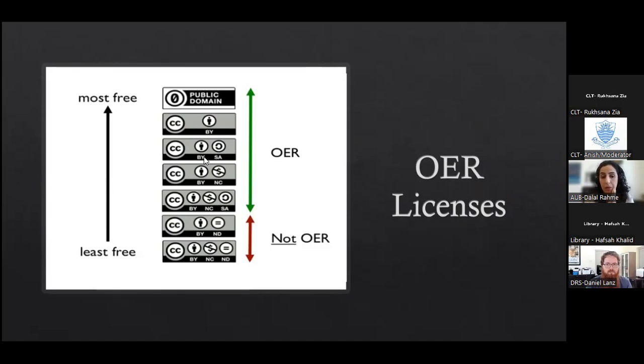Okay, so whenever you're using a resource online, it has to have one of the first five licenses. If it has one of the last two licenses, then it's not an open educational resource, which means that you cannot adapt, remix, and reuse it for your own purposes and for your own course. Just keep that in mind.